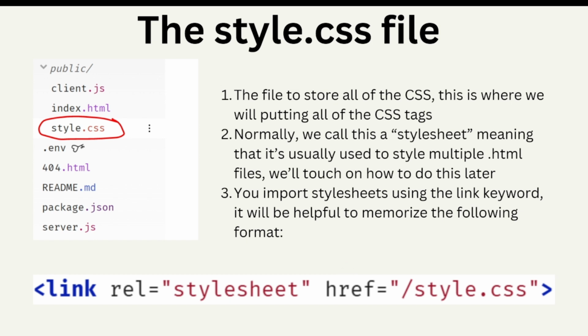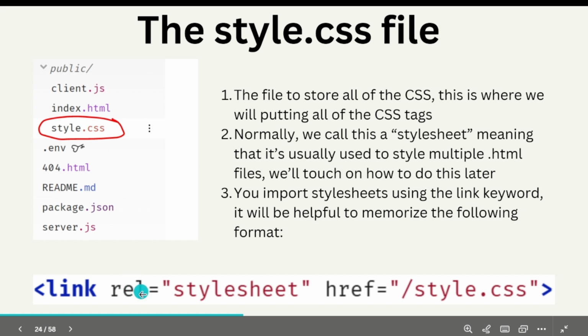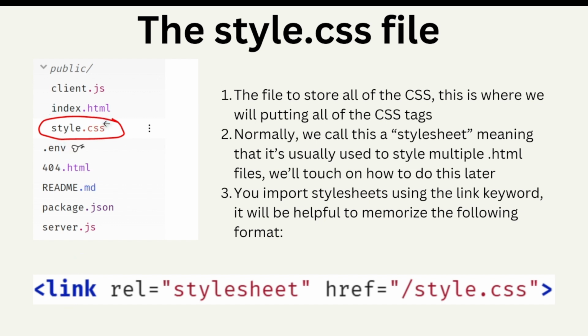For the rel attribute, you put stylesheet as the value, and for the href, or the hypertext reference, you put the link, which in this case, we are using the shorthand /style.css link. If you just import this link, and link is how you import CSS files, right? This will allow you to update your changes into the HTML file, right?